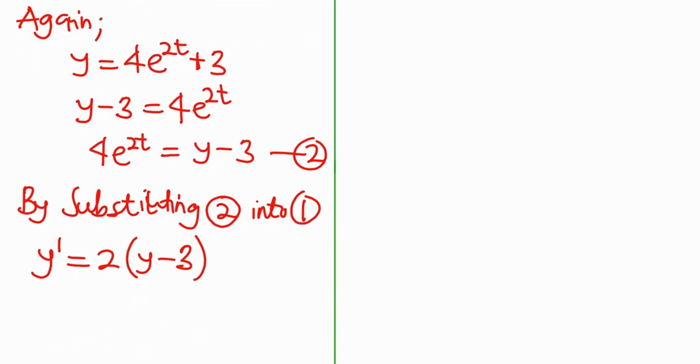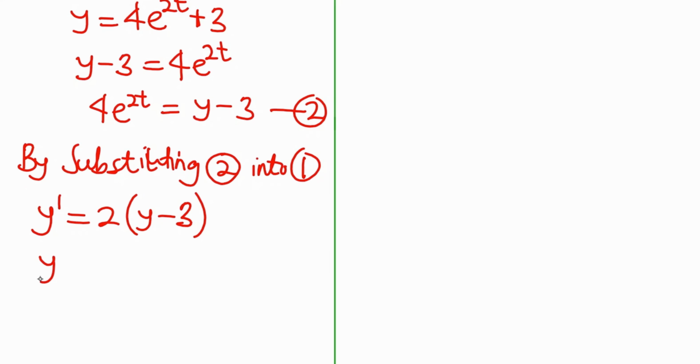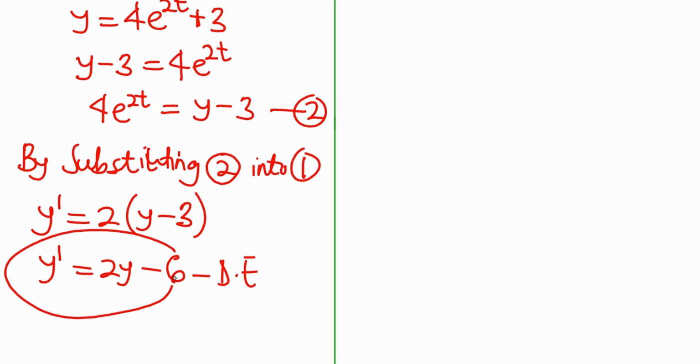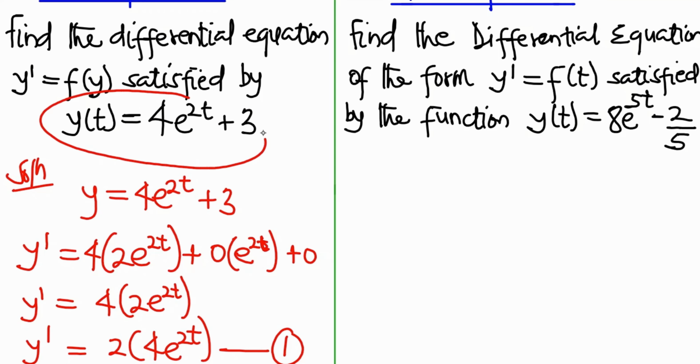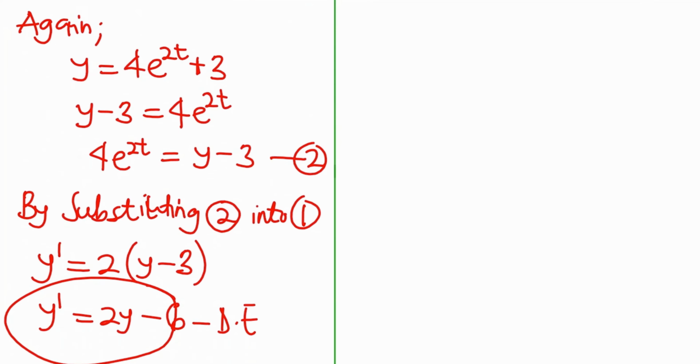So our solution continues, and here we now have y prime is equal to, 2 multiplies y, we have 2y, and 2 multiplies 3, that gives us minus 6. Hence this becomes the differential equation you are looking for. So it means that this differential equation gives us the solution y of t is equal to 4e^(2t) plus 3, and we've been able to prove that nicely. So that is that.